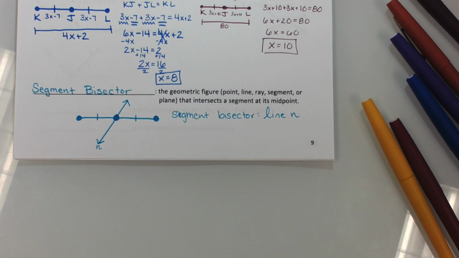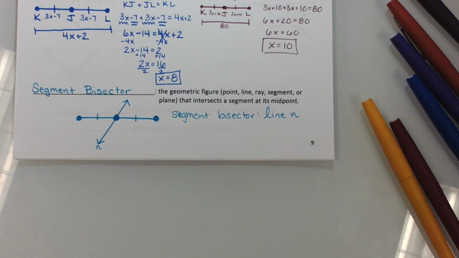If it's a segment, its name has the bar. If it is a ray, its name has the single arrow, keeping in mind the first letter is the endpoint. If it's a point, it's just literally point and then whatever the letter is. And then planes, remember you've got planes and then they've got the three capital letters on it.